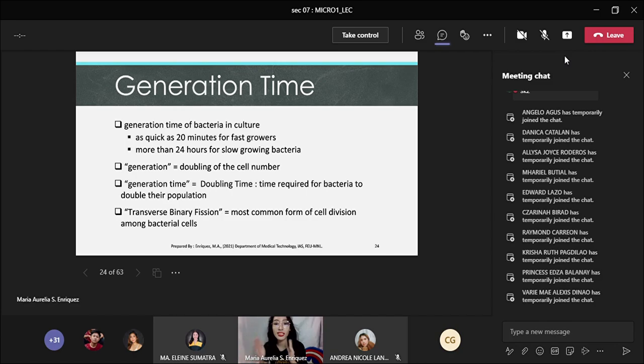So kung gaano man katagal bago sila maging times 2 sa dami. Next, transverse binary fission simply refers to the most common form of cell division among bacterial cells. So, kaya po dumodoble yung population nila is because they undergo transverse binary fission.